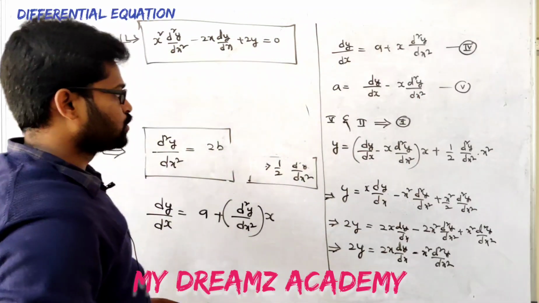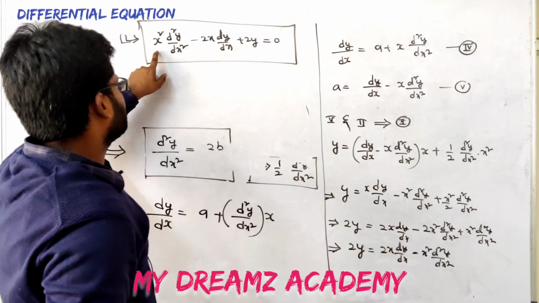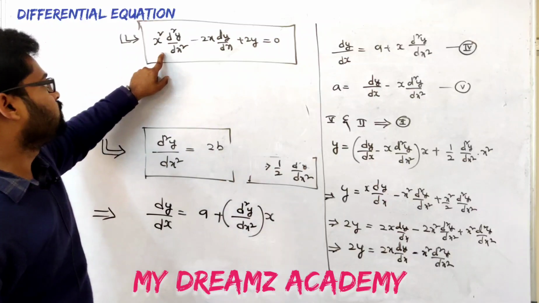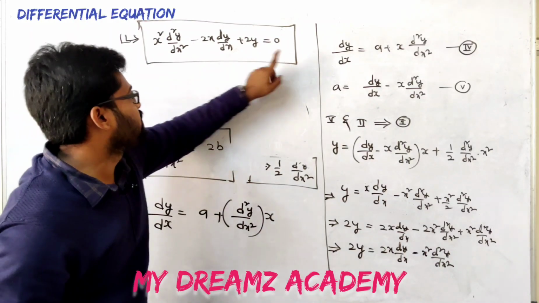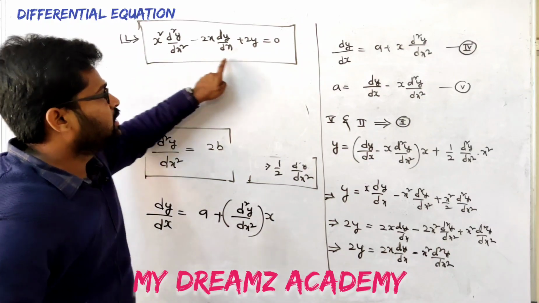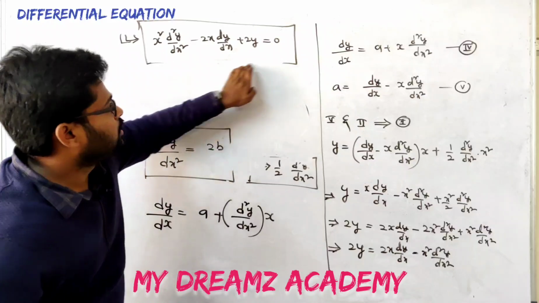This is the solution for the given question. The given question contains two arbitrary constants, so the order of the differential equation is 2, and the solution should not contain any arbitrary constants. So the solution does not contain any arbitrary constants.